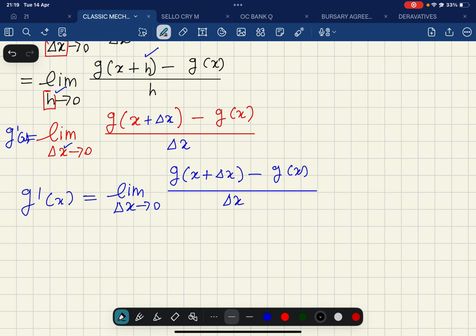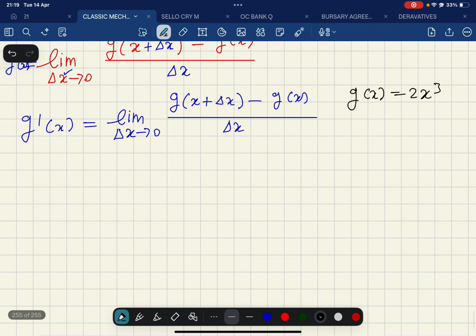So we are given the g of x there, which is equal to 2x cubed. So what can we do there? We're going to say equal sign. Where we see x, we're going to add change in x, which means I'm going to have 2 into x plus the change in x, all cubed, minus 2x cubed as it is.